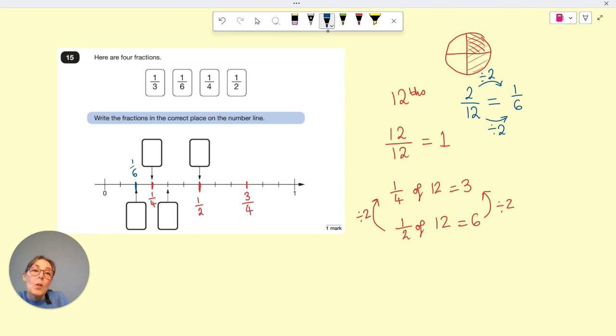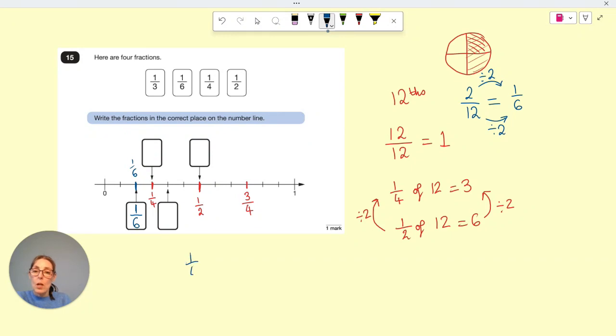So what have I got here? I've got 1/3, right? Okay, so let's pop in what we know. We know, oh no, don't do diagonal lines. I'm thinking I haven't got very much space, but actually I've got more space than I think I have. Okay, so 1/6 is equal to 2/12, because we've worked out these are in 12ths. And 1/4 is equal to 3/12. 1, 2, 3 is 1/4.